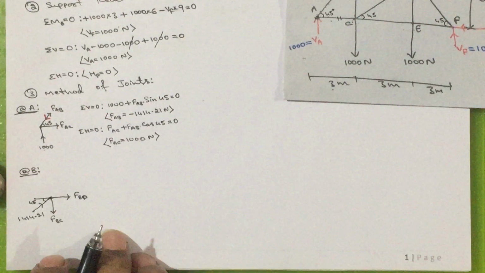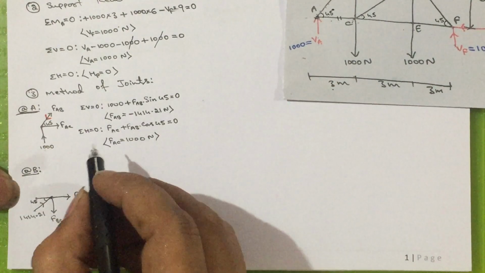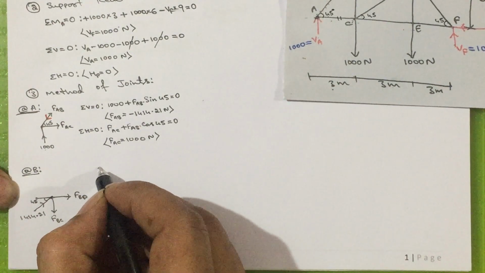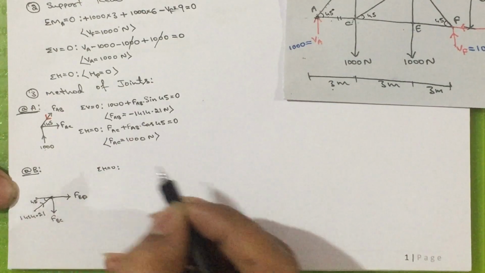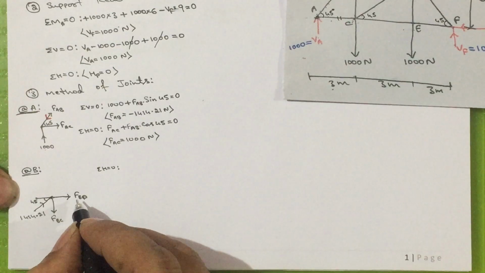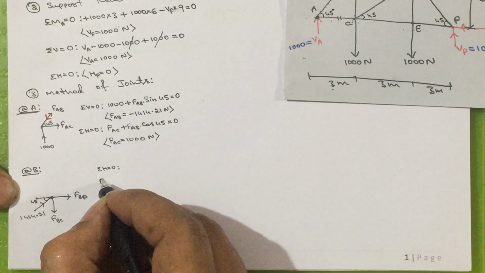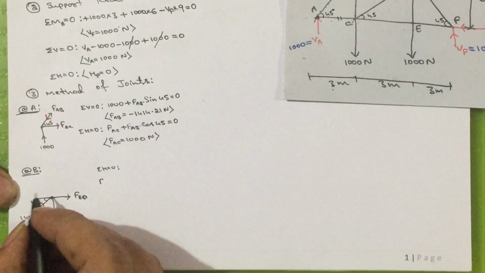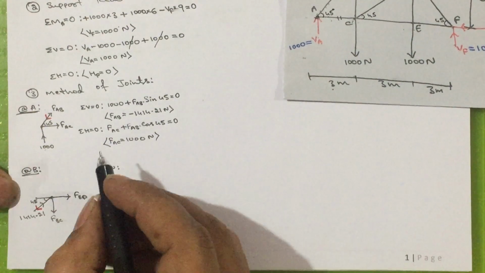Now, apply the equilibrium conditions. One horizontal unknown, one vertical unknown, you can apply any of the conditions. So, first I will apply sigma H equal to 0. Only the horizontal forces, I will start from FBD. Before that, the inclined force is there, so near the arrow draw a nearby horizontal line and a nearby vertical line.